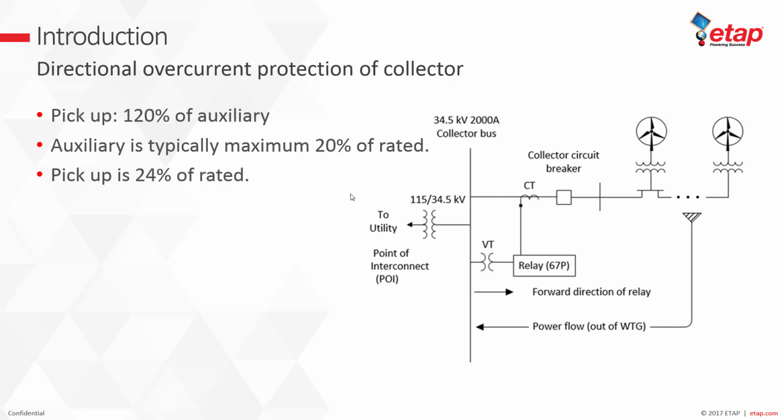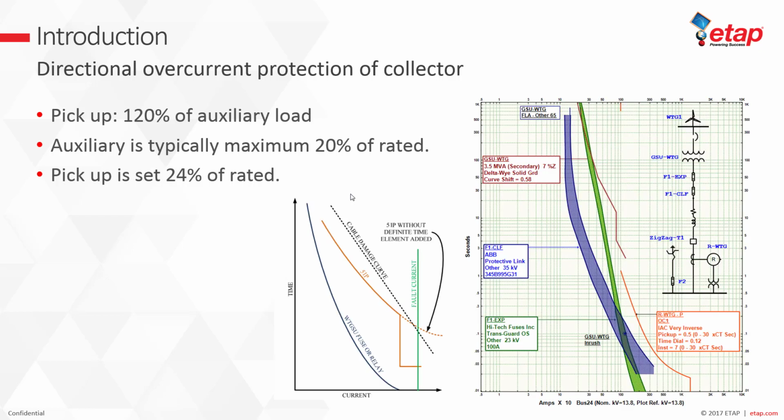Another reason the pickup is set lower is to make the relay more sensitive, because these are cables and the chance of high impedance faults is greater, and this helps to bring down the incident energy and arc flash energy to protect people who are doing service in the field as well.